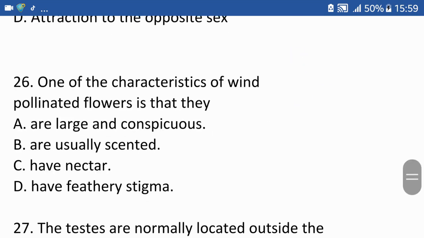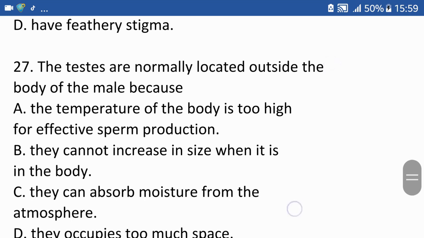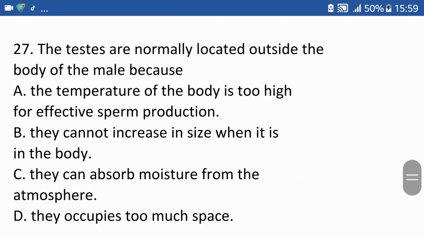Twenty-six, one of the characteristics of wind-pollinated flowers is that they. Twenty-seven, the testes are normally located outside the body of a male because.